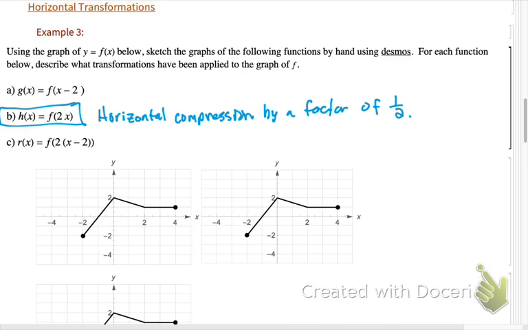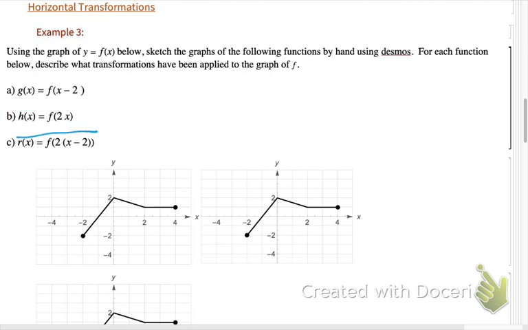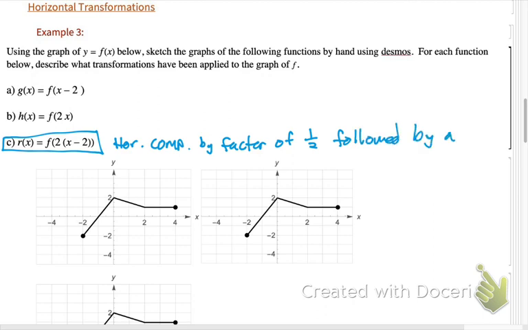And let me summarize this in just a moment, but there was also r of x, which was a horizontal compression by a factor of 1/2, followed by a horizontal shift 2 units right.